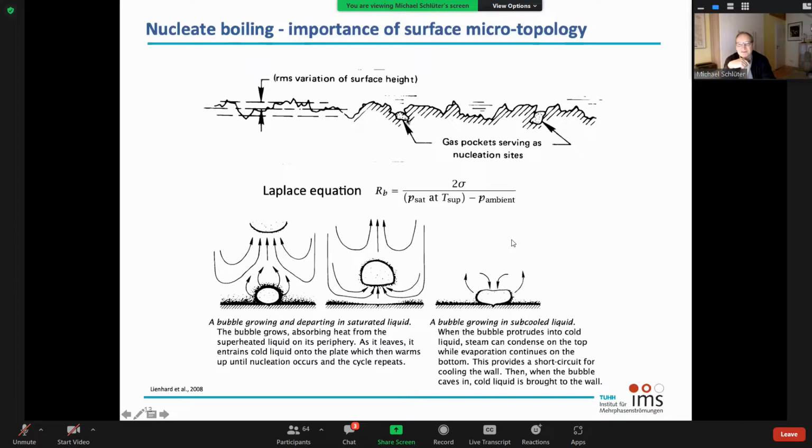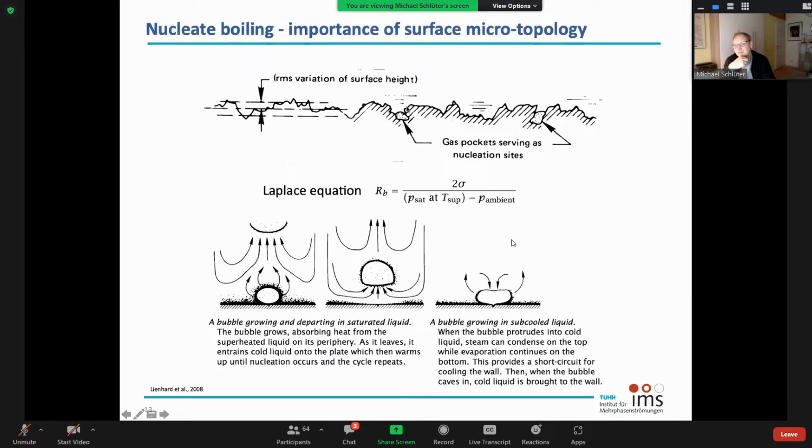And here, for example, we might have a very tiny gap where some gas is already included. And this means if we now feed heat into the system, then at this point we already have a radius of a certain size. So it's much easier for the vapor to be created here, to create more interface, because we already have this radius.